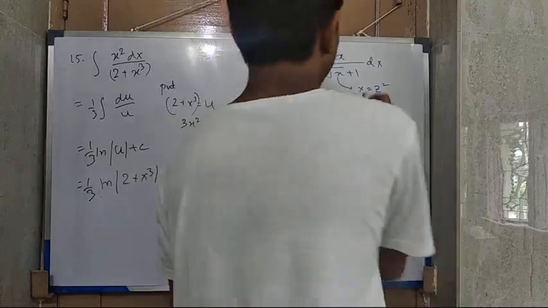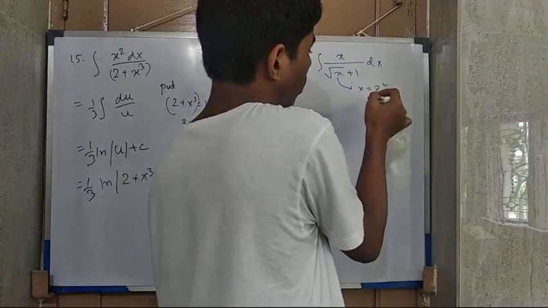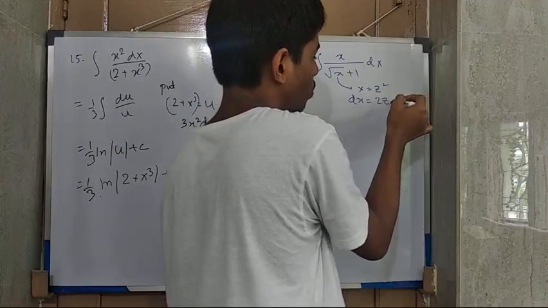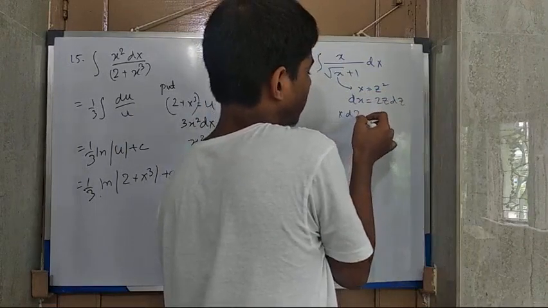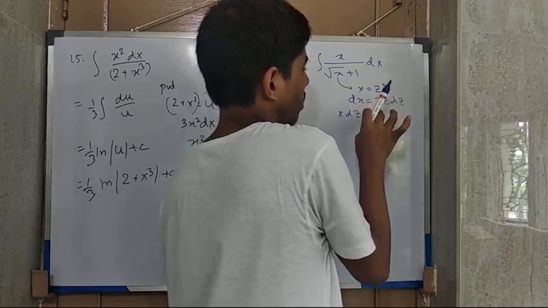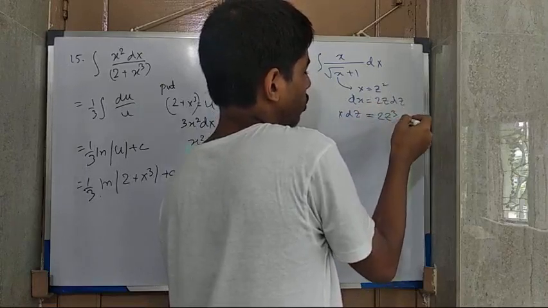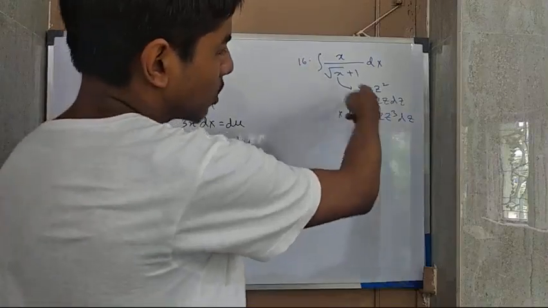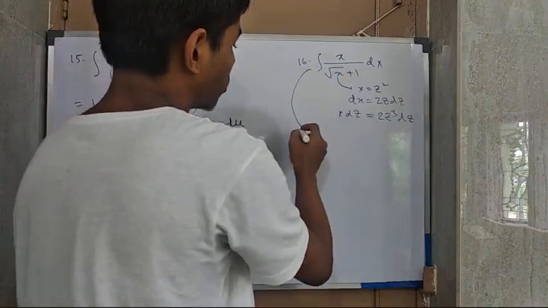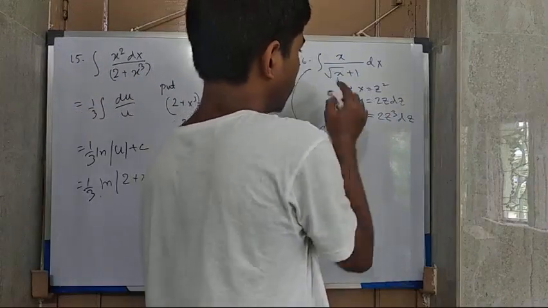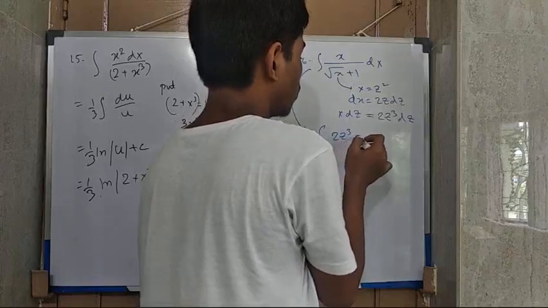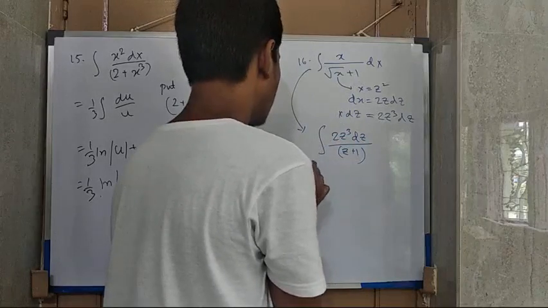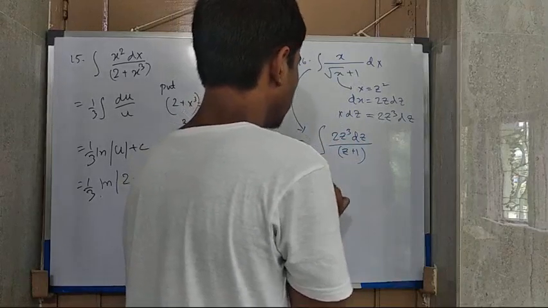Okay, so the denominator will become z plus 1, and let's differentiate this as dx is equal to 2z dz. So x dx will become 2z cube dz, because we are multiplying x on this side and z squared on this side. So this becomes integral 2z cube dz by z plus 1.